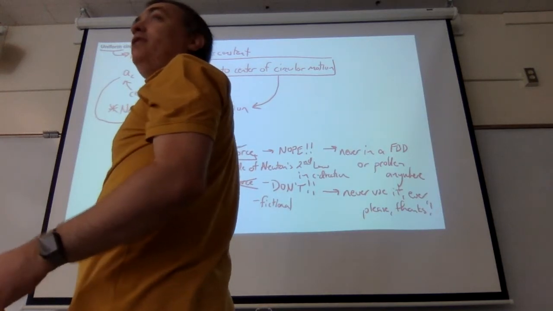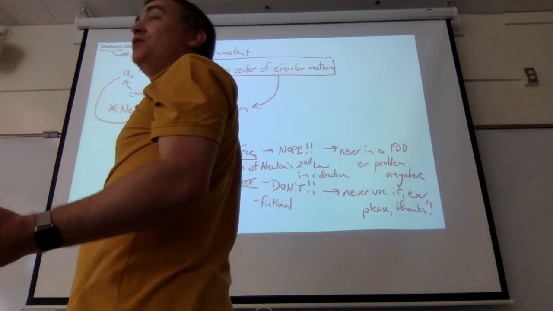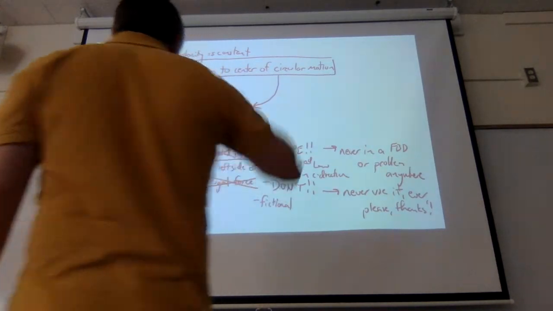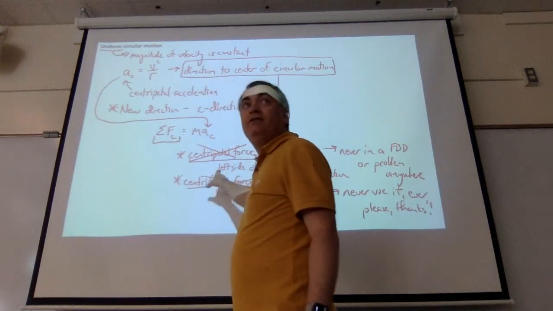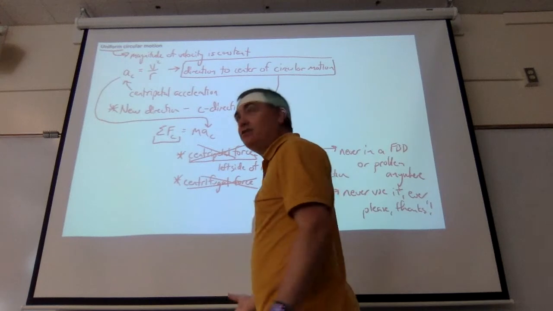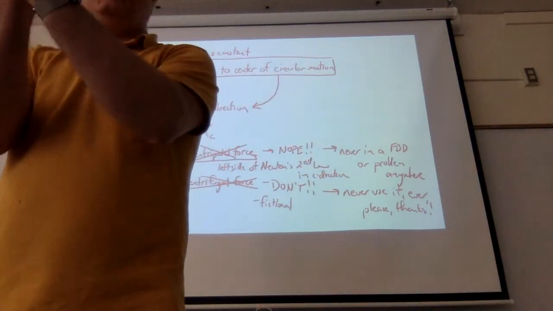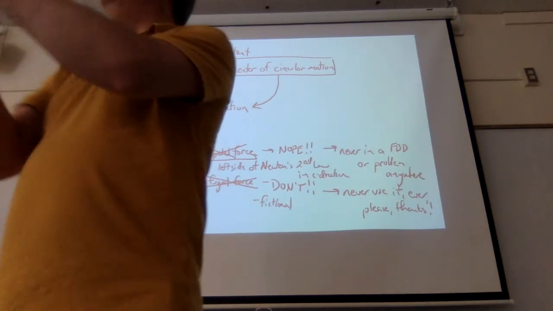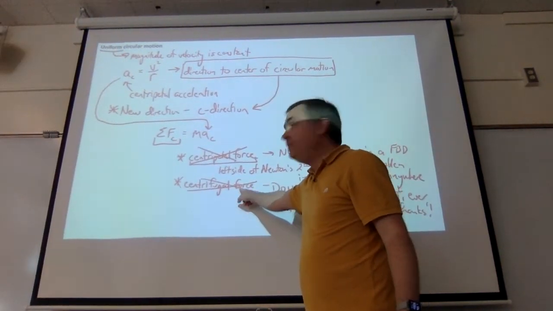If the door wasn't there, where do you go? You keep going straight, right? It's like you just keep going like this. Now the car goes that way, and you just keep going, which means you just went out the door, okay? Which is sad. It's good that we have a door there. That thing that's not pushing on you because of the result of Newton's first law is this made-up fictional force called the centrifugal force, okay?